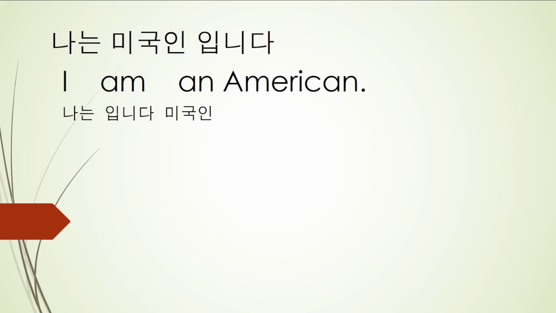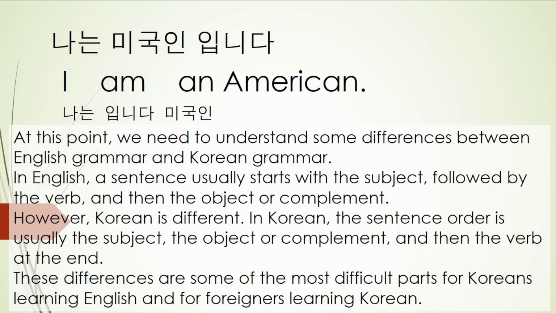At this point, we need to understand some difference between English grammar and Korean grammar. In English, a sentence usually starts with the subject, followed by the verb, and then the object or complement. However, Korean is different.